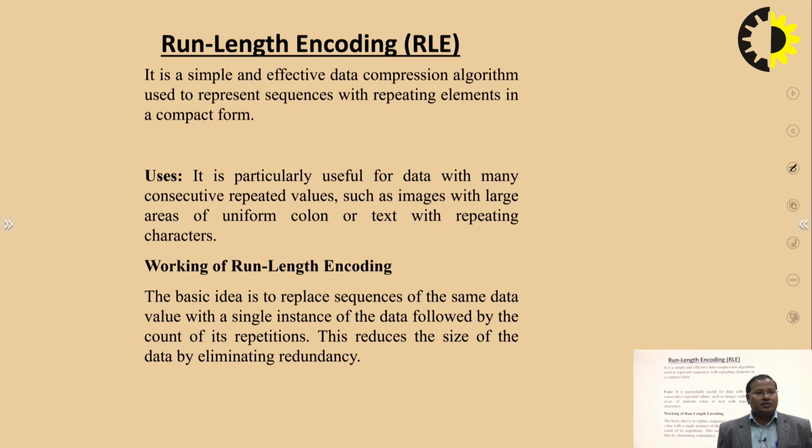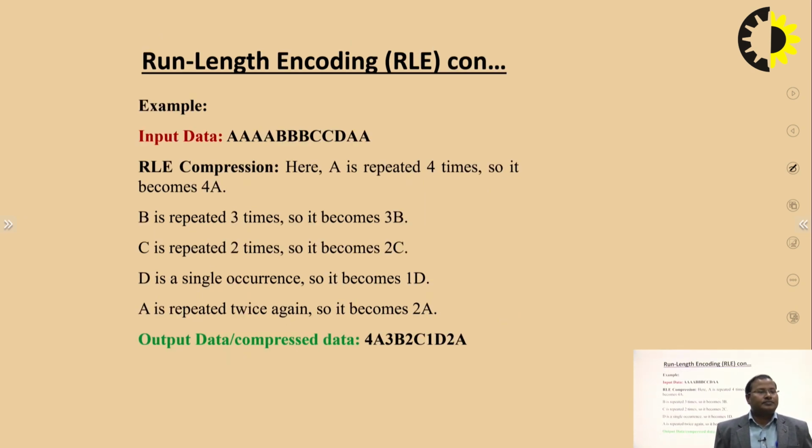Working of run length encoding: the basic idea is to replace a sequence of the same data value with a single instance of the data followed by the count of its repetition. This reduces the size of the data by eliminating the redundancy.